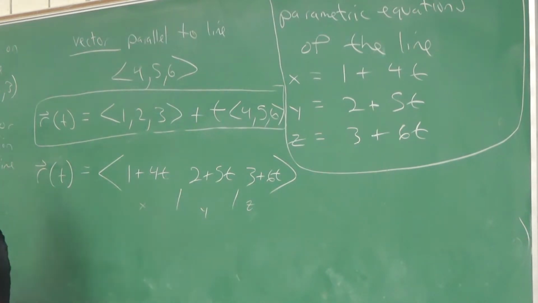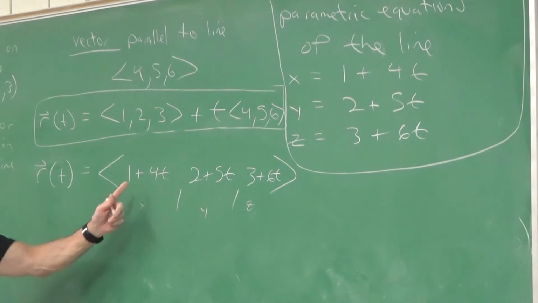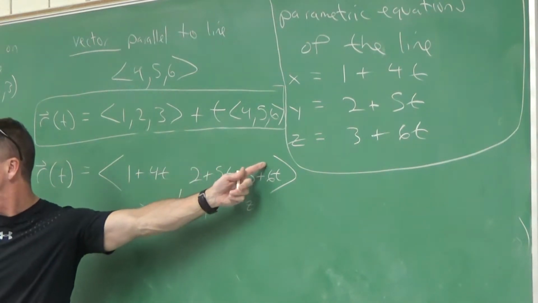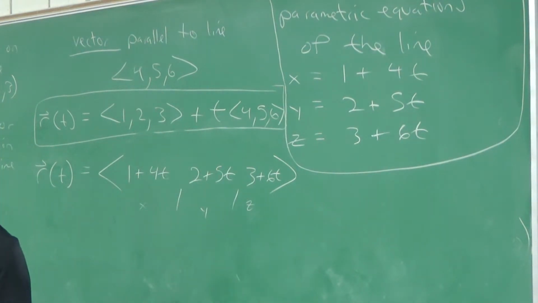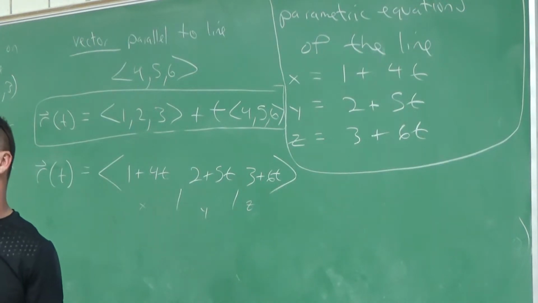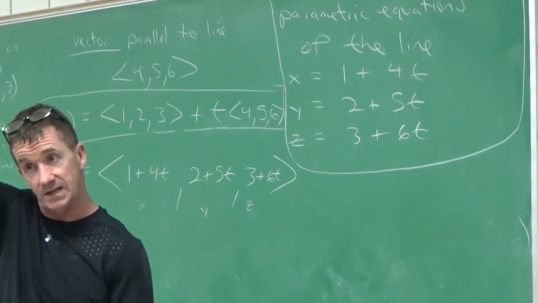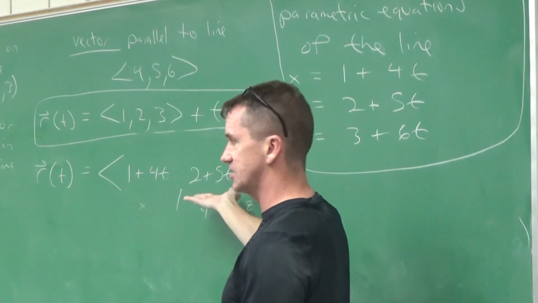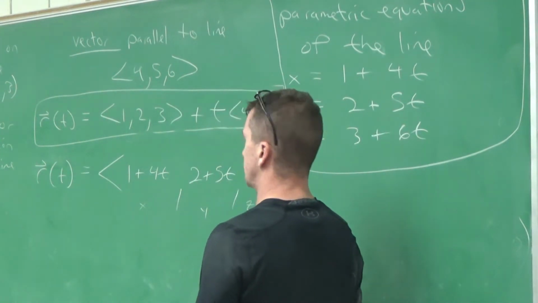All right. The next section after 12.6 is vector functions, right? And that's exactly how you describe a line with a vector function. It'll look something like this. There won't be any t-squareds in there, right? If you start trying to describe some curve in three-dimensional space, that's probably going to have maybe a t squared or a t cubed. It's straight lines, just 1 plus 4t, 2 plus 5t, and 3 plus 6t.